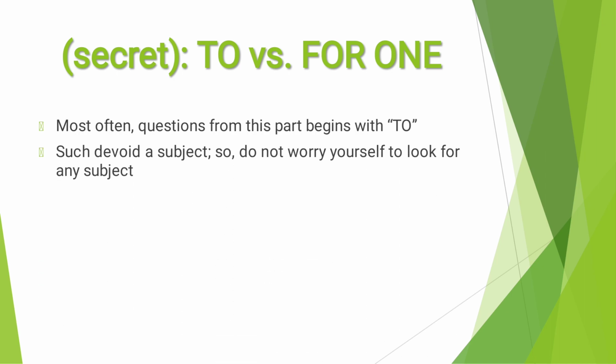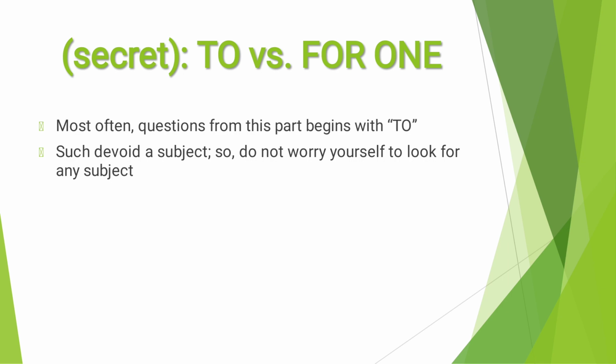And then I said that such sentences are devoid of a subject. When a sentence begins with to, most often under this topic, it doesn't have a subject or a doer. So do not worry yourself to look for any subject. And I said simpliciter.